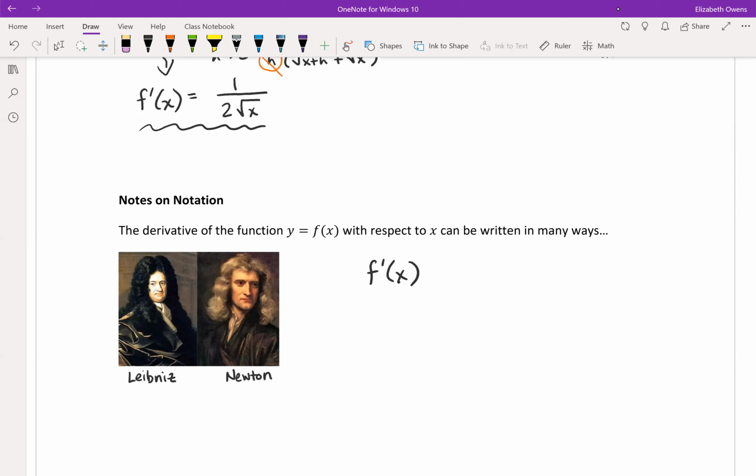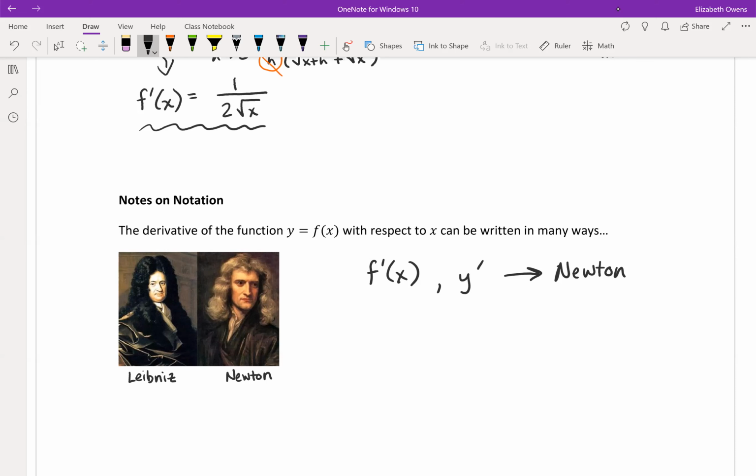We could also write the derivative, since we have y equals f of x, as y prime. Those mean the exact same thing. And these are both notations from Sir Isaac Newton. So we've been using Newton notation thus far.